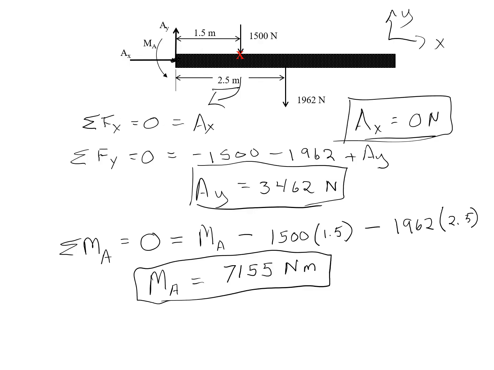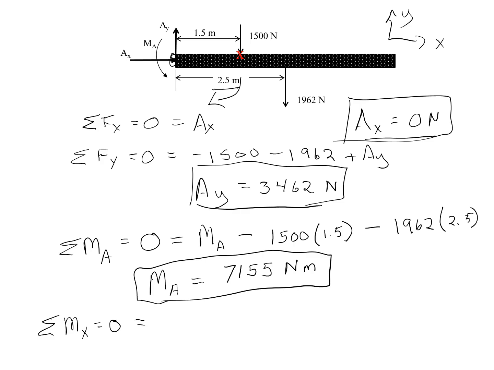Now, I took this moment about A here, but I could have just as easily taken that moment about any other point. So for example, if I decide to take the moment about X, I can say that the sum of the moments about X is equal to 0.